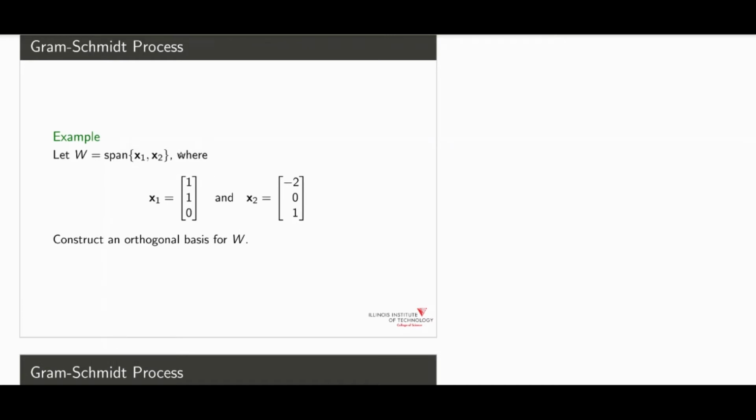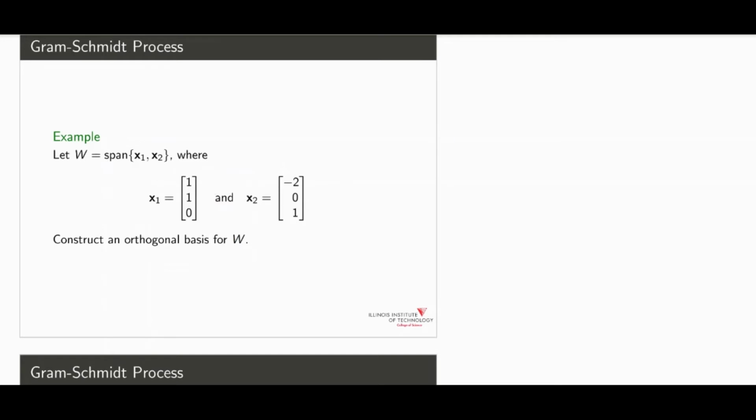Obviously these 2 vectors form a basis because they span the space. And by visually inspecting them, you see that they are linearly independent. So x1 and x2 form a basis for this vector space W.